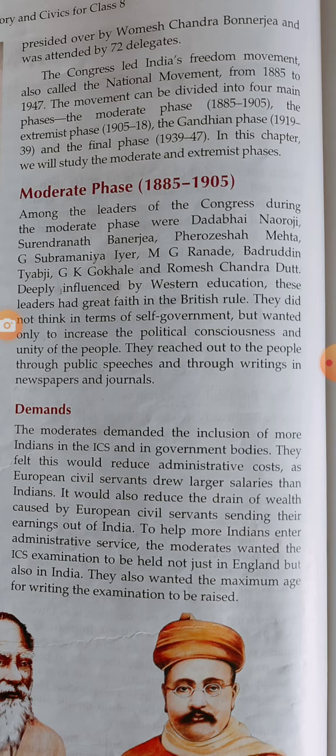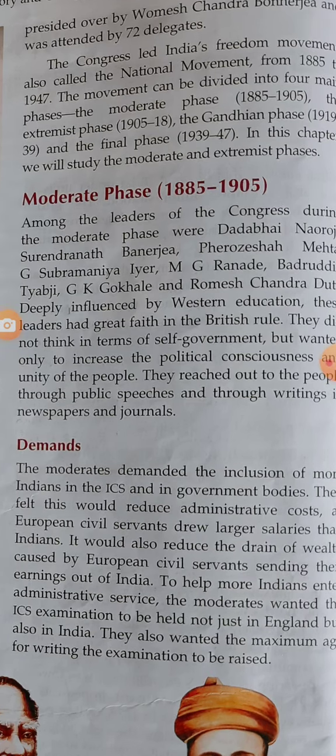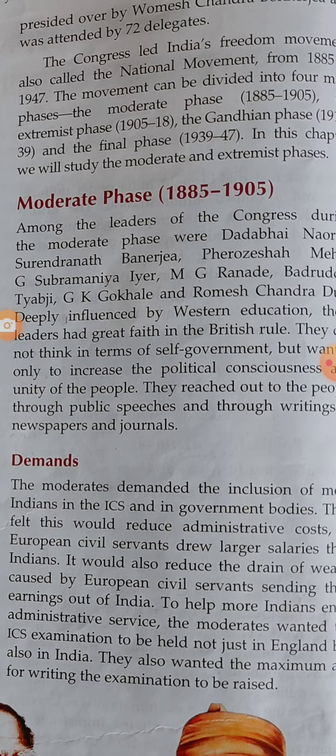These people were deeply influenced by Western education, and these leaders had great faith in British rule. Basically, they never wanted to remove the Britishers from India. They knew that if the Britishers were here, India's education system would improve, which would help people to come out of their old ideas, myths, superstitions, false beliefs and sacrifices.